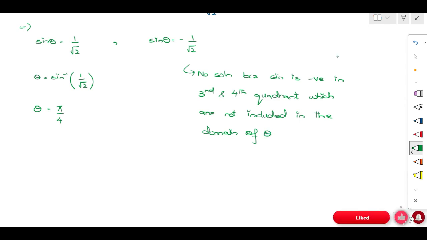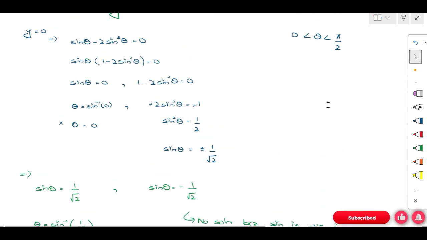Theta is only from 0 to pi by 2, and this is only the first quadrant.